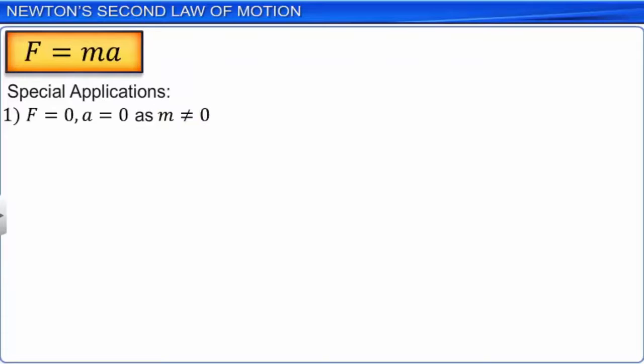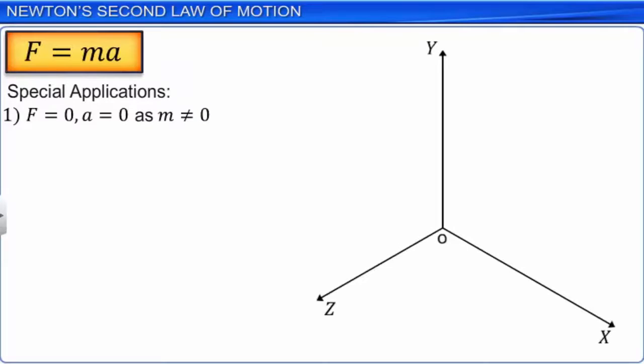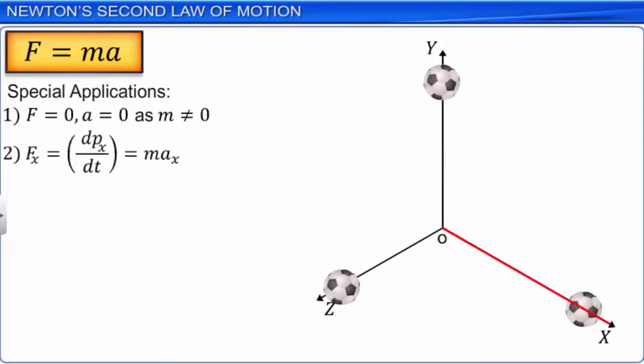Since force applied and momentum are vectors, we can apply the law by taking their components in the 3 coordinate directions, that is, x, y, and z. Fx is equal to dpx by dt, which is equal to max. Fy is equal to dpy by dt, which is equal to may.